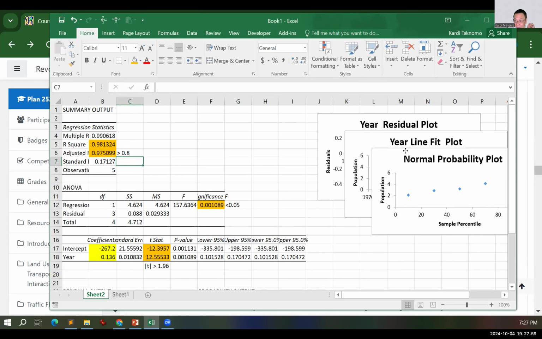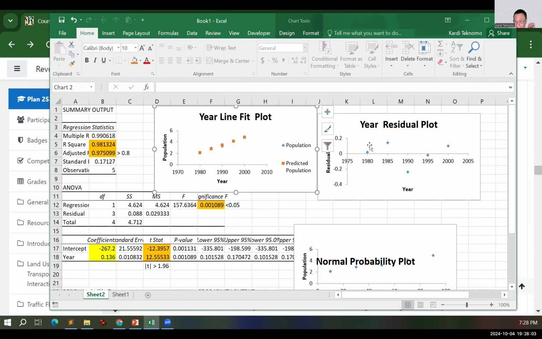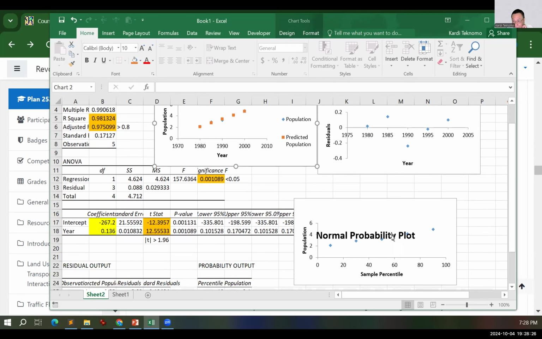The nice thing here is you can see the probability plot and residual. If the model is correct, the residual should show there is no pattern in the error. And this is the fit of the predicted and the actual values, which are almost the same.